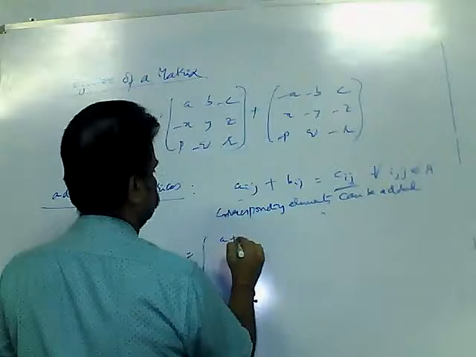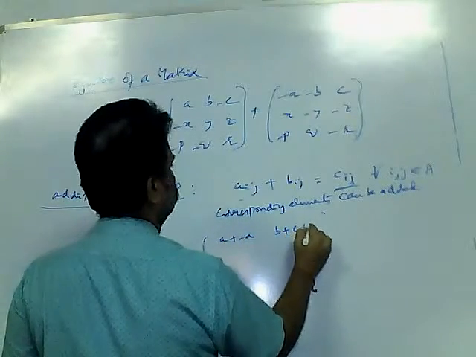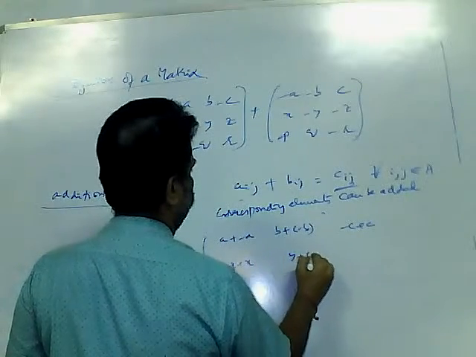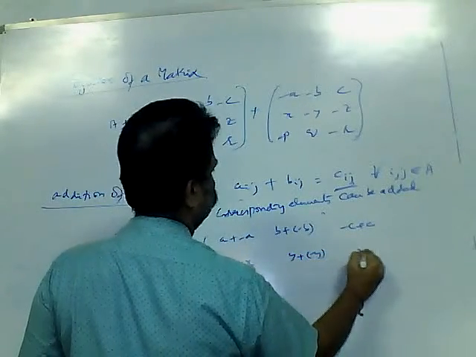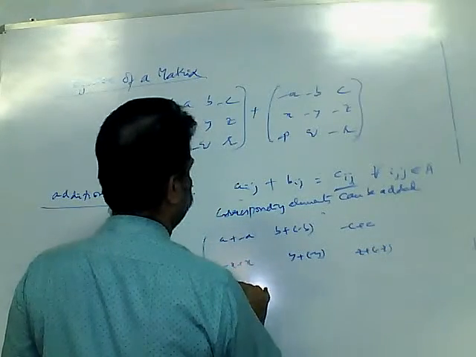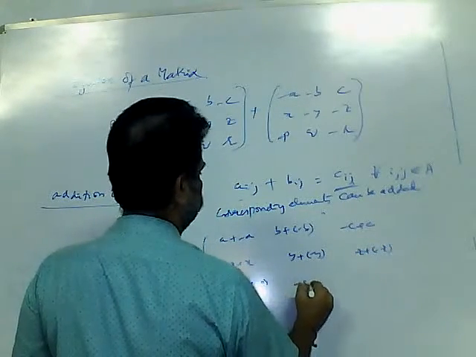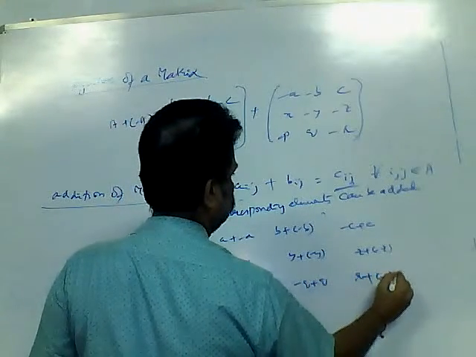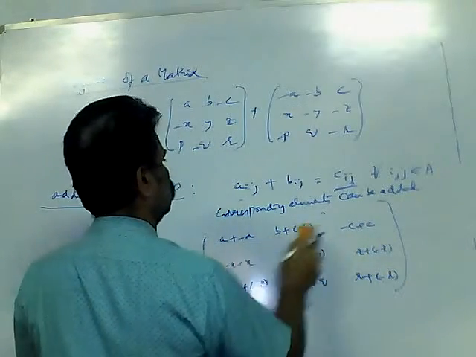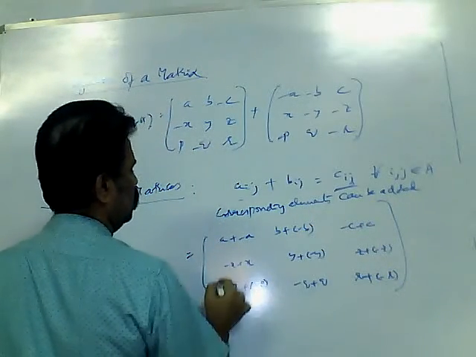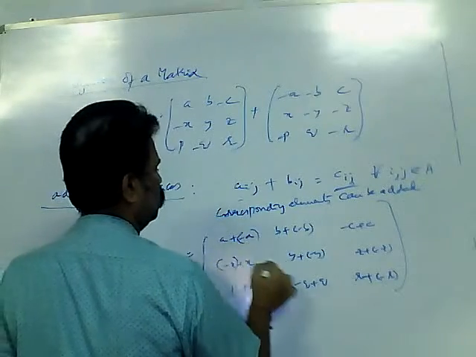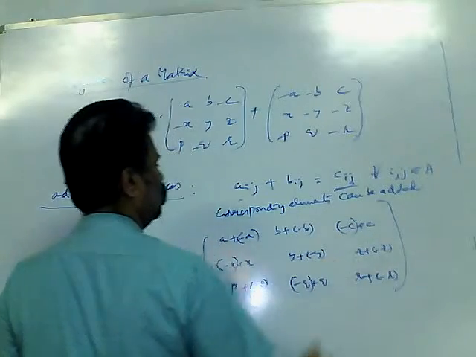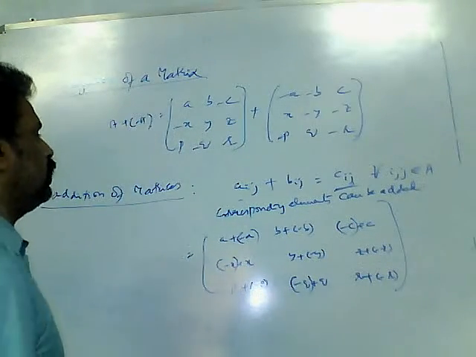So automatically A plus minus A, B plus minus B, C plus minus C, X plus minus X, Y plus minus Y, Z plus minus Z, similarly P plus minus P, Q plus minus Q, R plus minus R. This is what you can have. Right? Now everywhere you take the respective elements.